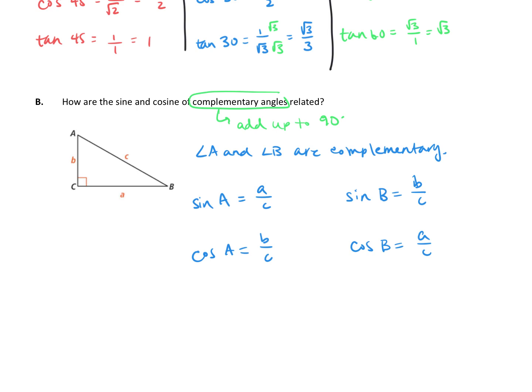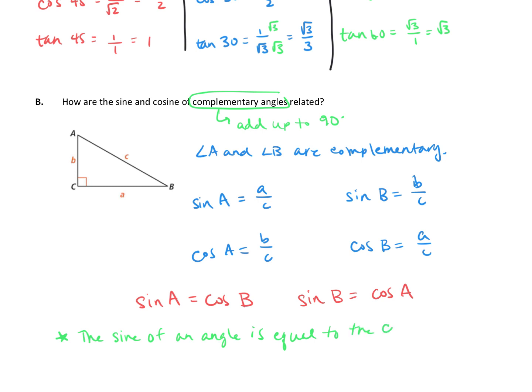What we notice is here's an A over C and here's an A over C. So the sine of angle A is equal to the cosine of angle B. We also noticed that we had a B over C and another B over C. So the sine of angle B is equal to the cosine of angle A. What we can sum up with this is that the sine of an angle is equal to the cosine of its complement.